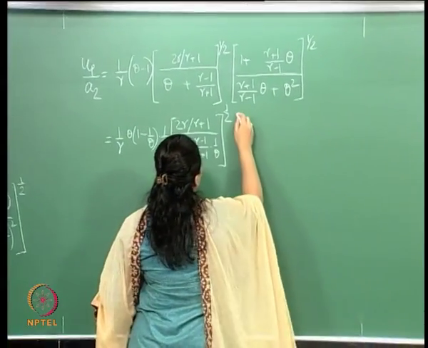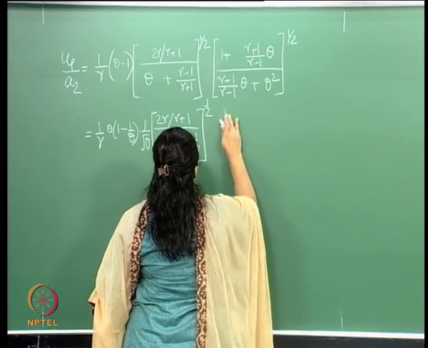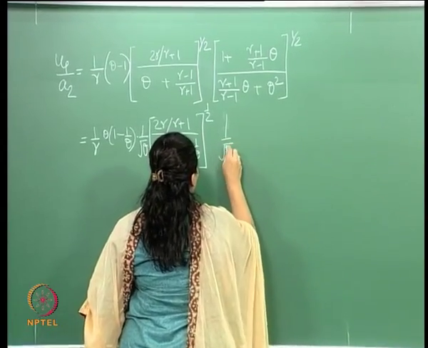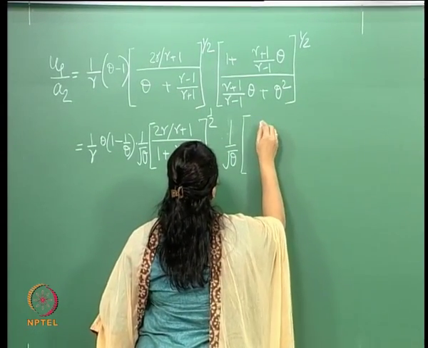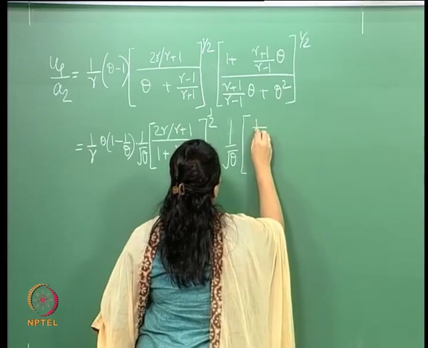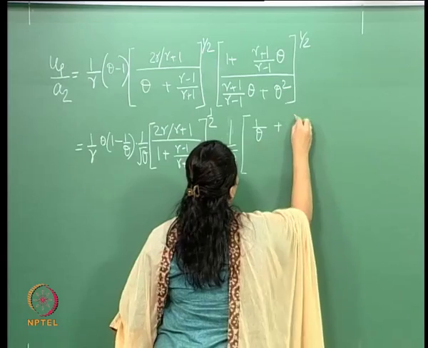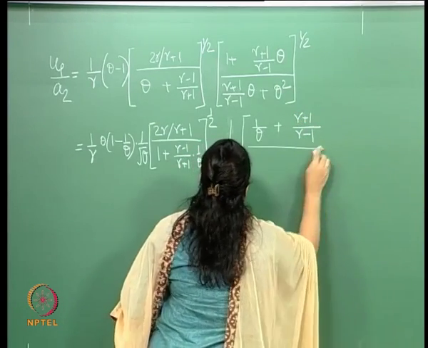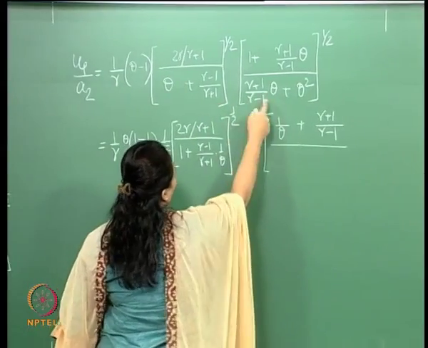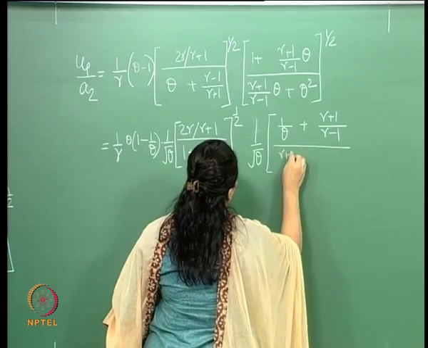We do similar stuff over here. Again, I take theta out from the numerator, so I get this. And I take theta square out from the denominator, so then I get this.